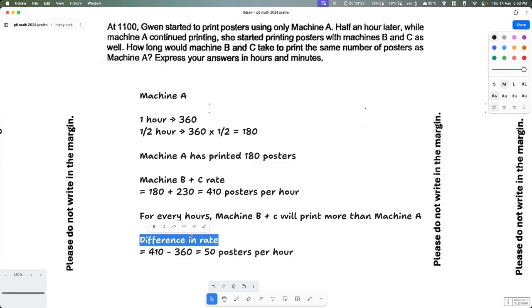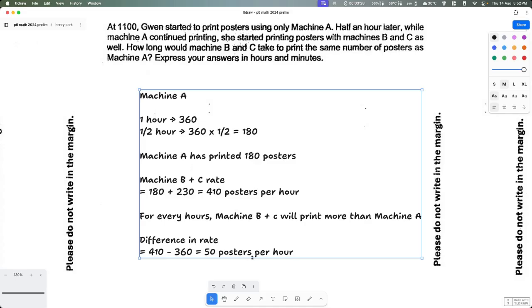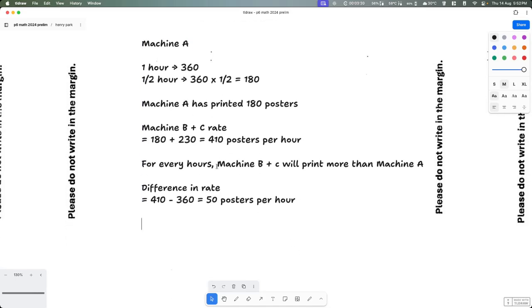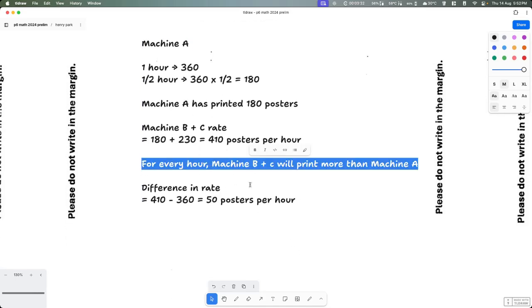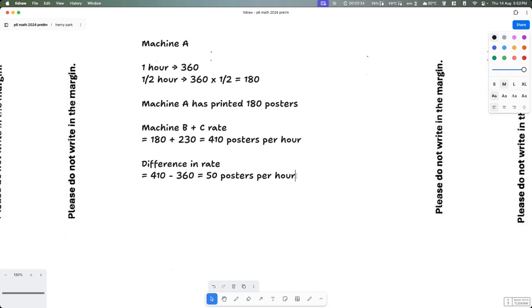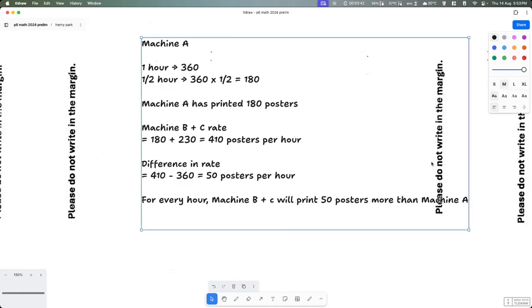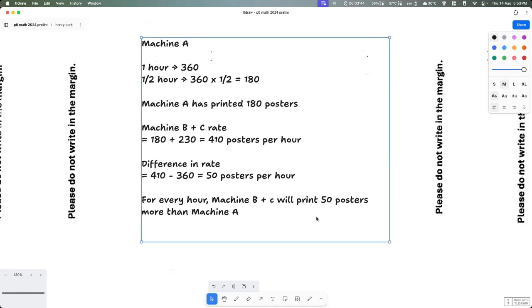So that means every hour, machine B plus C will print 50 posters more than machine A. That's what we see over here.